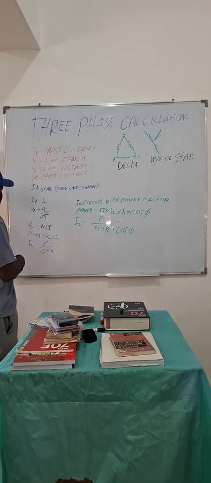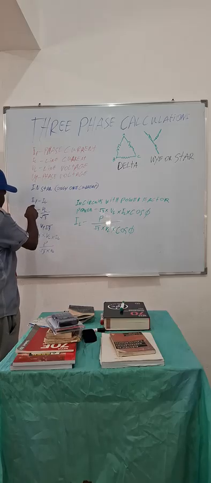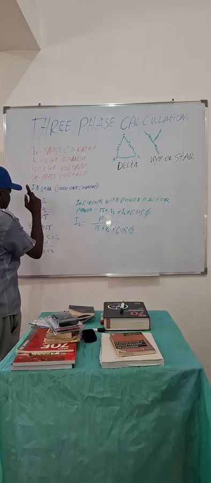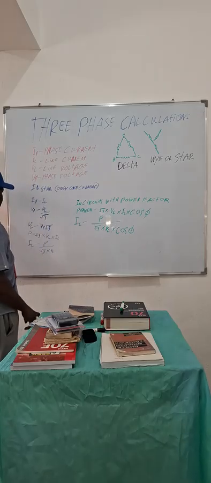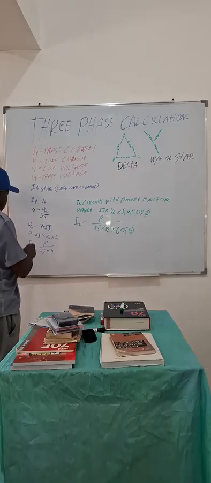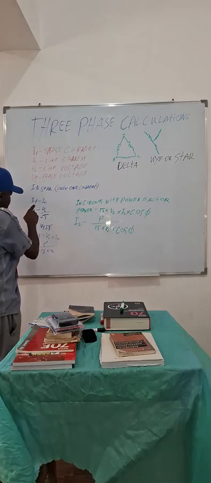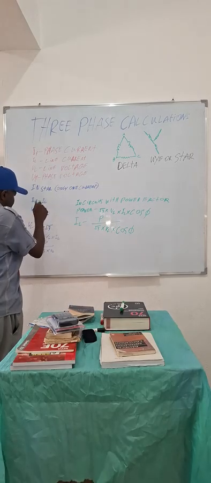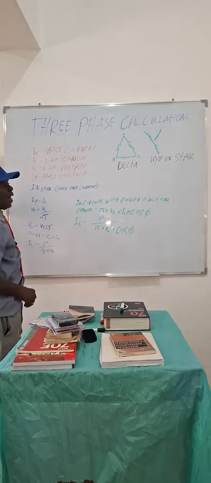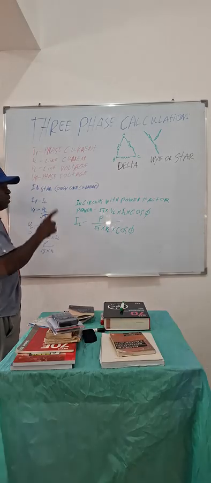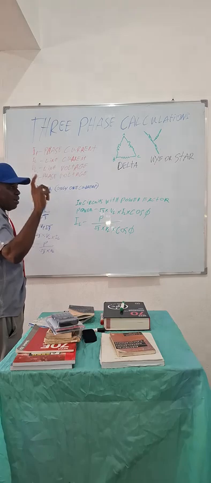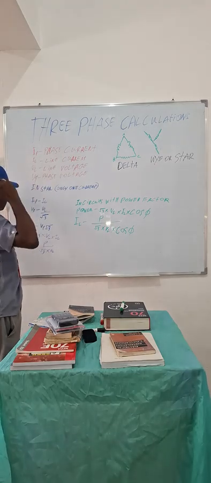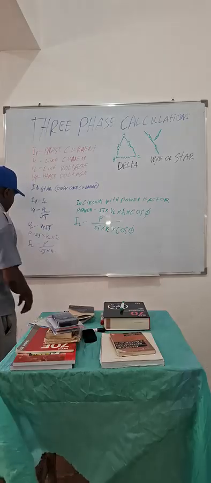Phase current IP equals line current IL, because we deal with star. However, in a star system, the phase voltage equals line voltage divided by root 3, and the value of the square root of 3 is 1.732. All young electricians are supposed to know that. They must have that in their head.